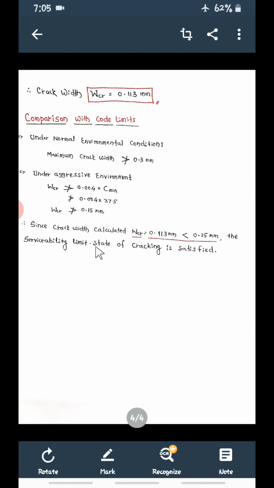Hence the serviceability limit state of cracking is satisfied. So there is no danger. If the calculated value is more than 0.004 C minimum, then something has to be taken care of. So this is the crack width calculation and checking of the crack width with the code.